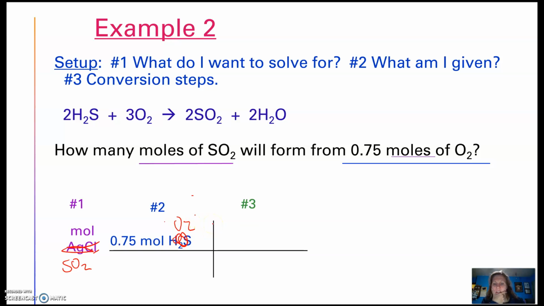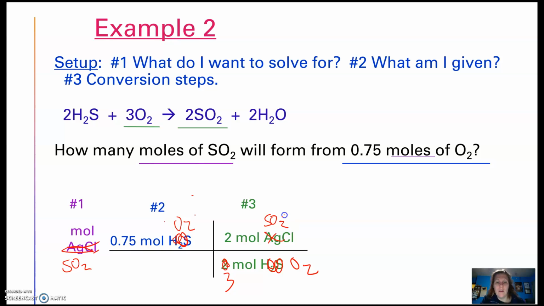And then the grid. The mole ratio is what you have. O2 goes on the bottom. So, 3 moles O2. And the top would be what you're looking for, SO2. Well, it is 2 moles, just the wrong chemical.